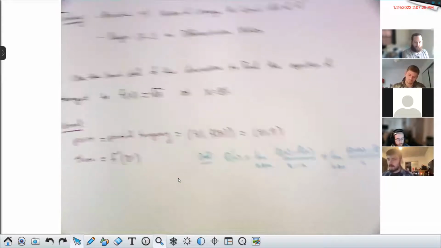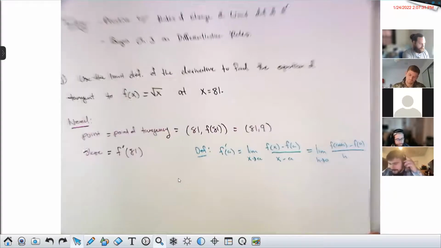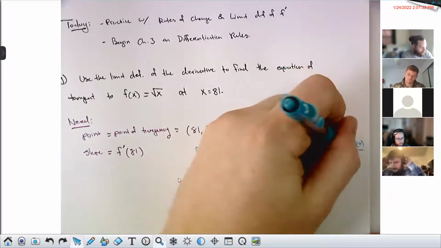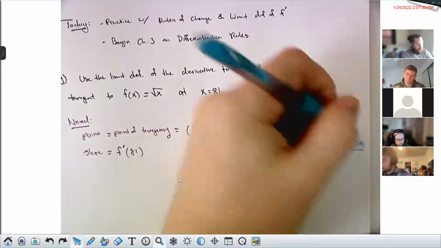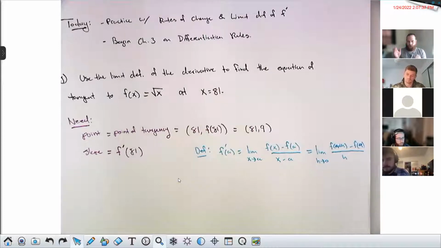What we saw last time was that these two definitions are equivalent. They're just two different ways of taking limits of secant slopes to get tangent slopes.